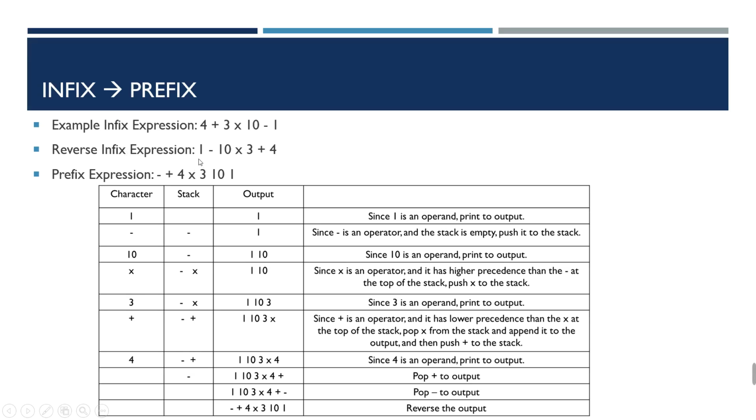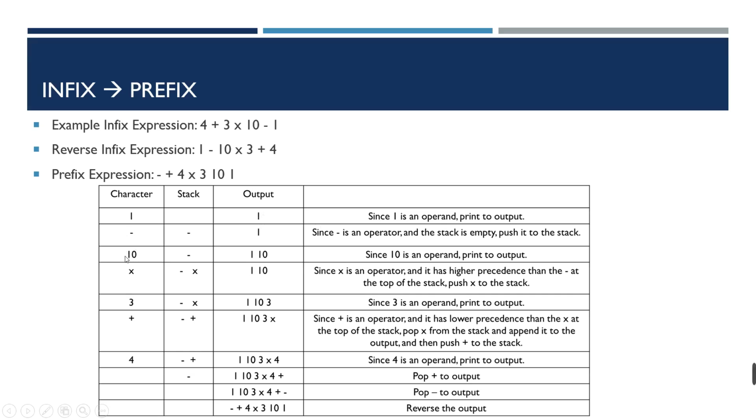Then we go through it one by one. The first character is 1. Since 1 is an operand, print it to the output, and then the minus. Since the minus is an operator and the stack is empty, push it to the stack.